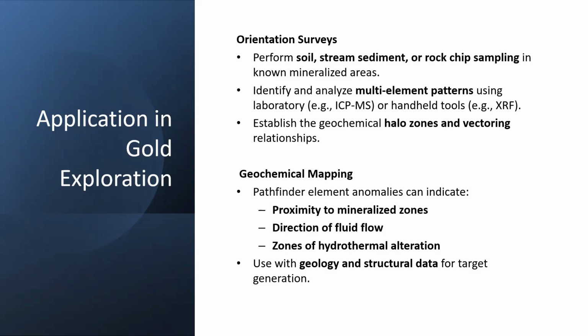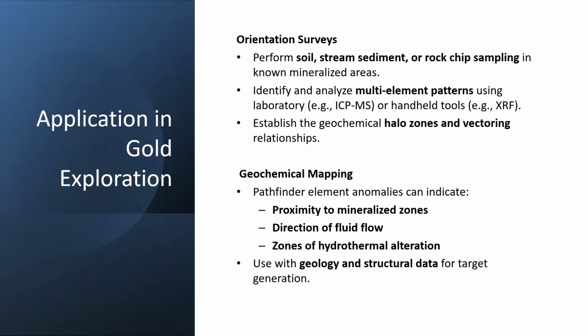Definitely, if you have a very large area, you first narrow down to some smaller area. You need to establish some geochemical halo zones and vectoring relationships before you go to some higher level of testing that might be costlier. Another one is geochemical mapping.